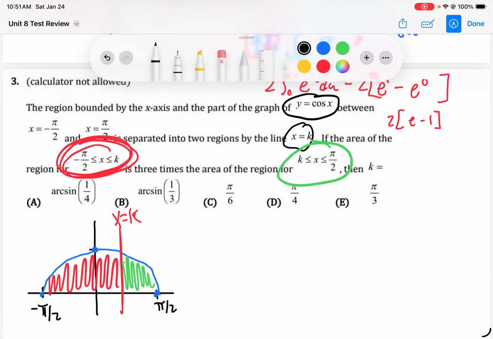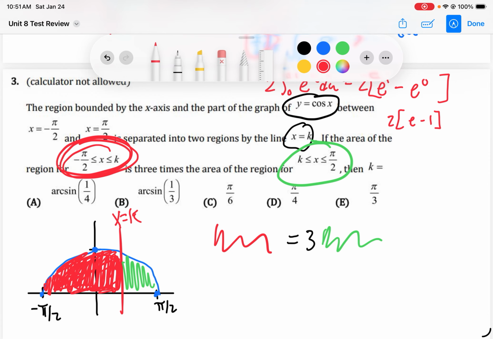So I'm going to set up an equation. 3 times the green side would have to equal the red side. Now, for the red area, what's an expression that could be used to find the area of that region?